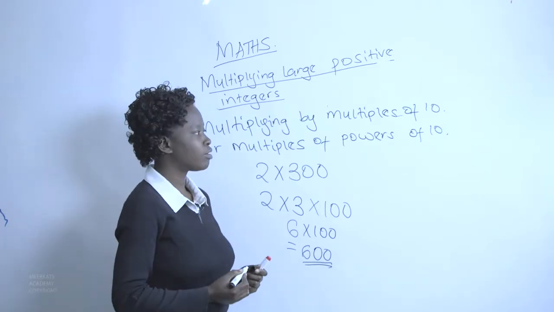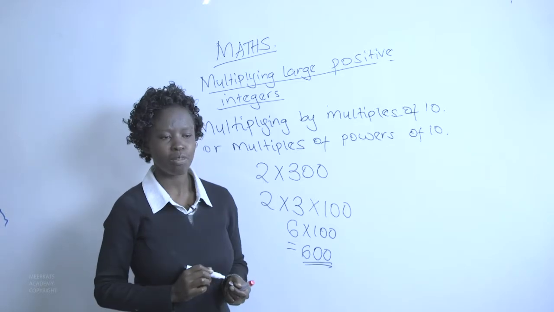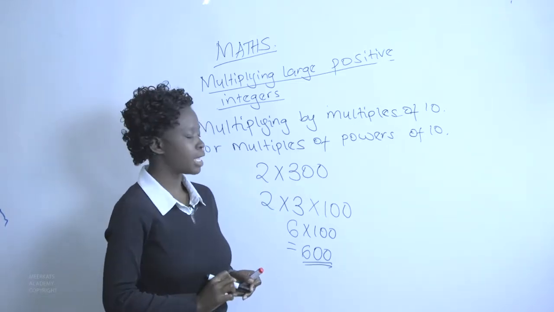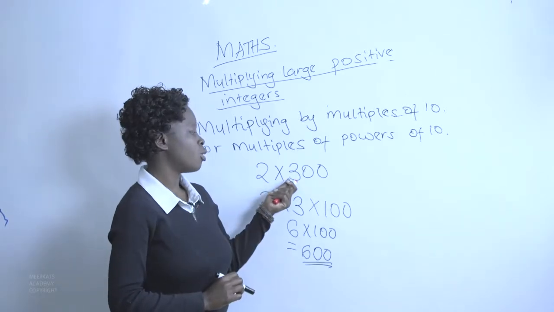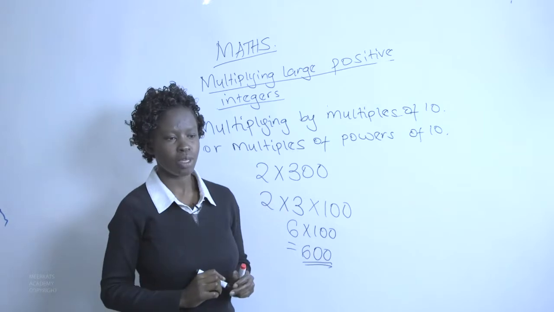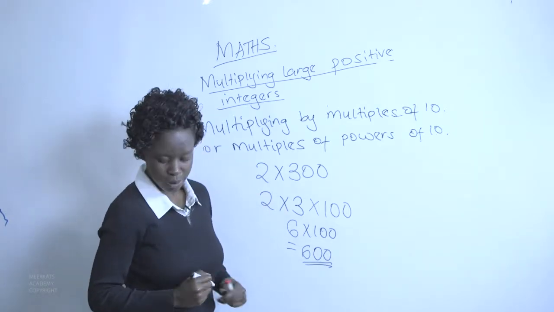So you first multiply by the number before the zeros, then you add the zeros onto the answer you get.